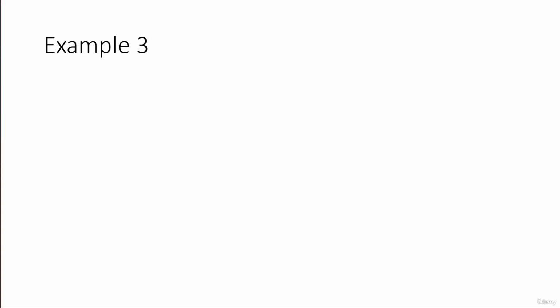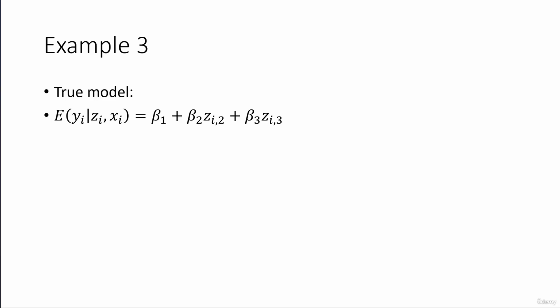The third case is the case where we have measurement errors in an explanatory variable. A simple illustration of that would be, I have a true model where the conditional expectation of y is given by z variables, and I have x variables.